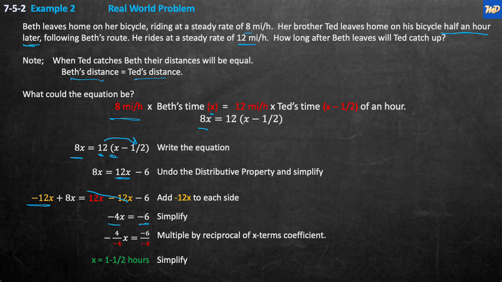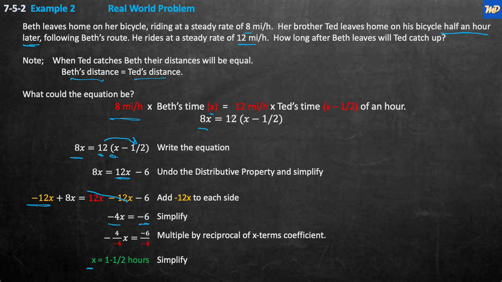And when we do that, the minuses and the 4s will disappear, and it'll be just an x on this side. And what's left over is that the minus signs cancel each other out. A minus divided by minus is a positive. And 6 divided by 4 is 1 1/2.